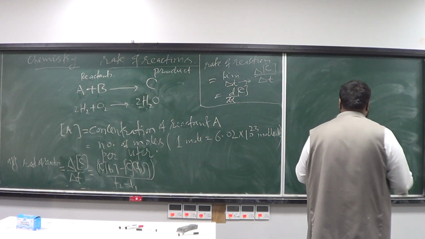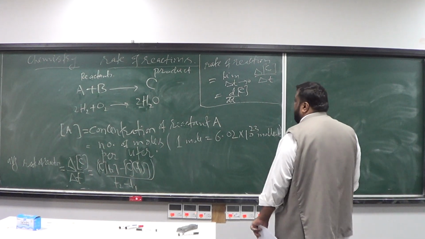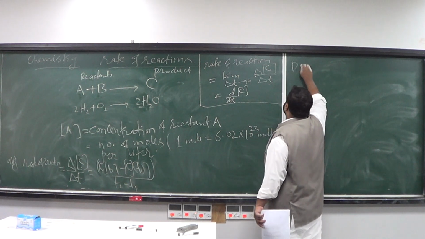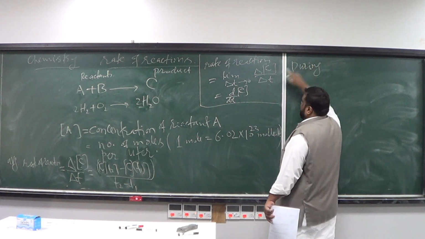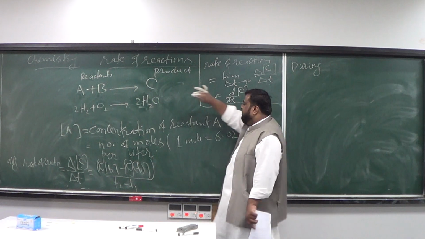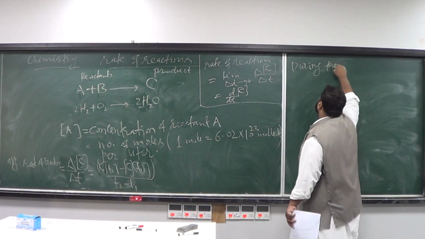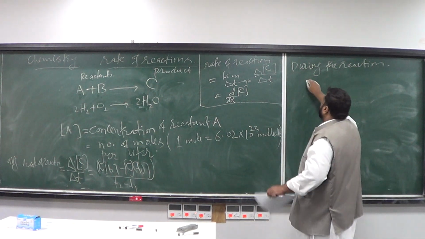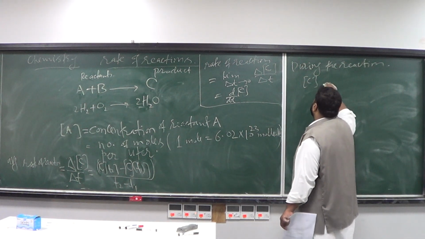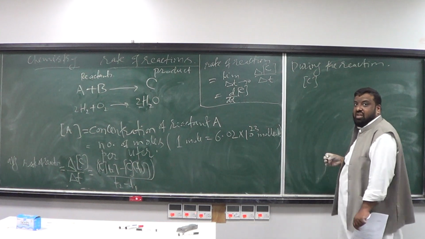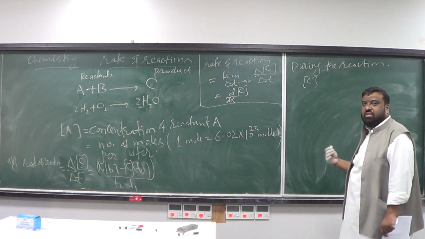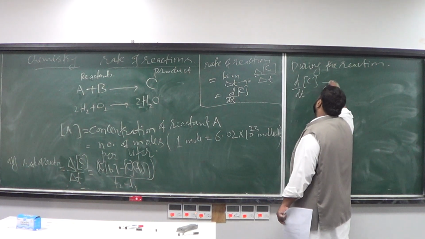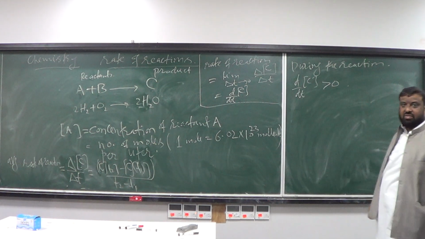So what will happen during the reaction? This is an abstract reaction, okay, not a particular reaction. During the reaction, the concentration of the product will increase actually. In other words, if you look at dC by dt, it will be a positive number.